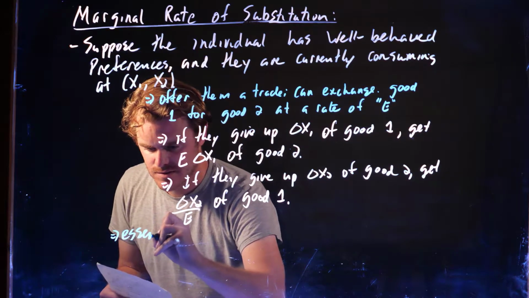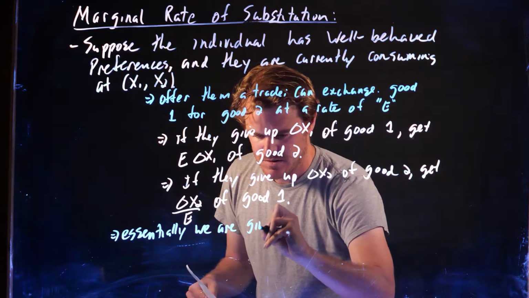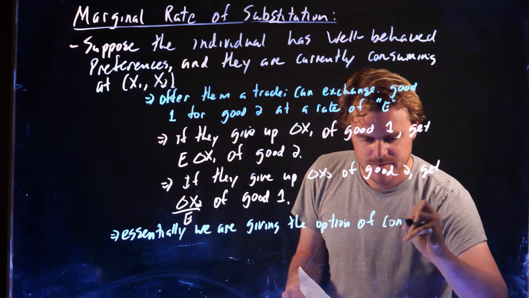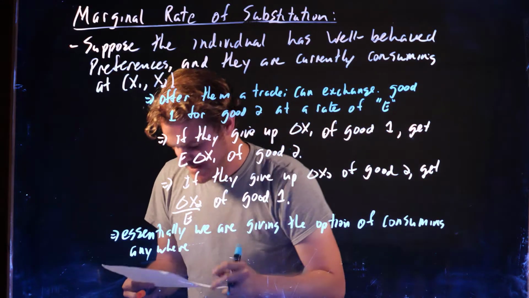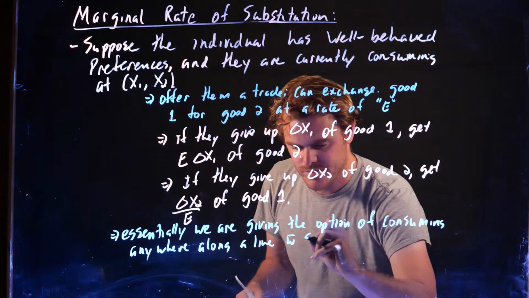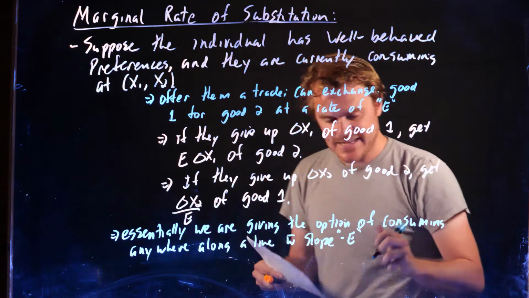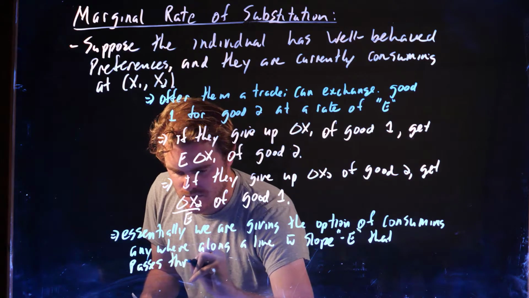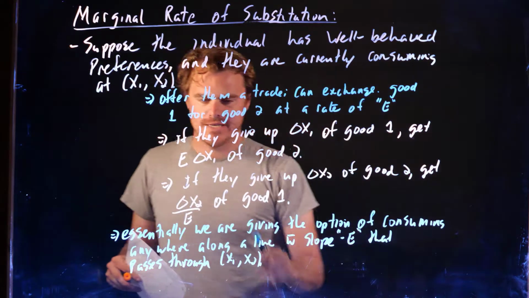So essentially, we are giving the option of consuming anywhere along a line with slope negative E that passes through x1, x2, the current bundle they have.